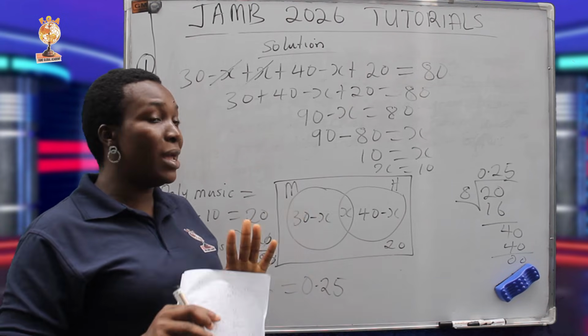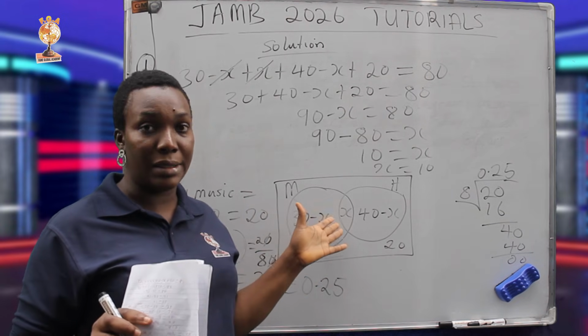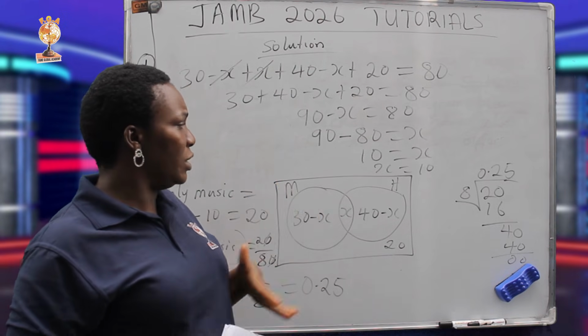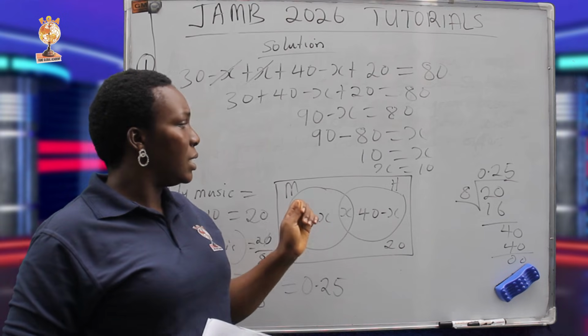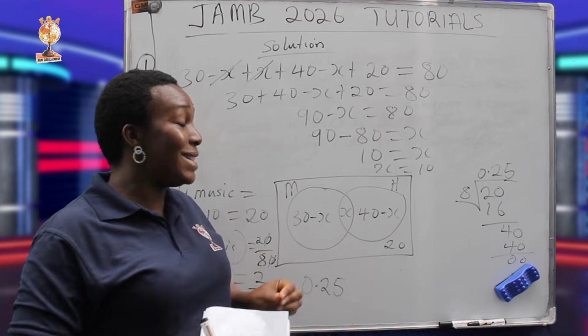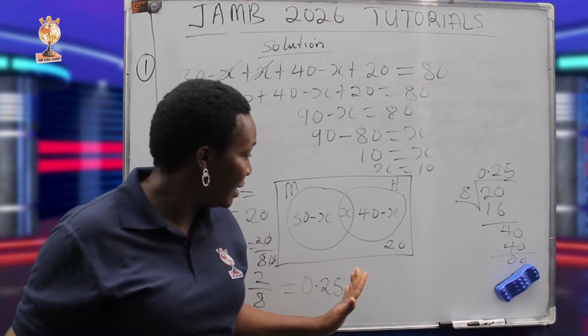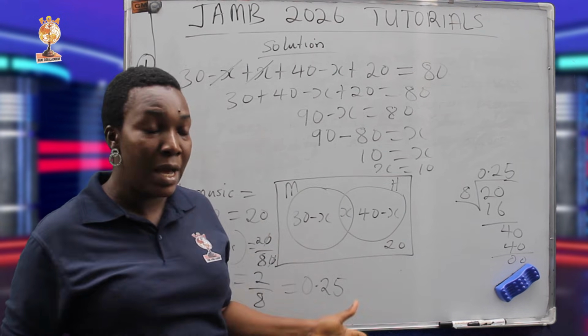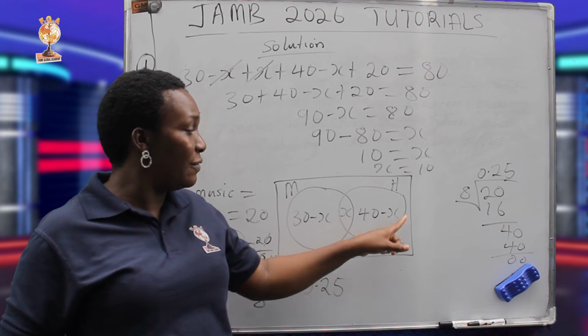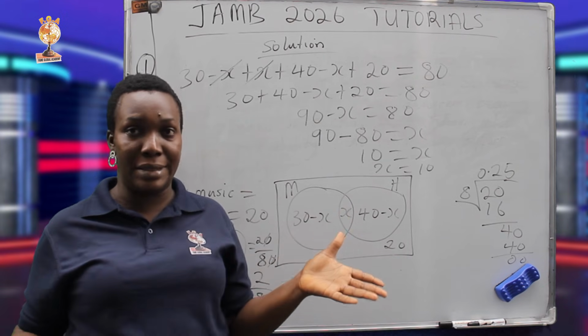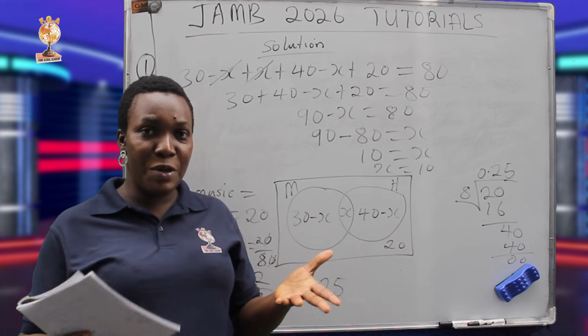Inside this Venn diagram, a whole lot of questions can come. They can also ask you, if a student is picked at random, what is the probability that the student does not study music or history? That one will boil down to this 20. If that is the case, you don't even have to go through the stress of looking for X. Let me repeat myself.